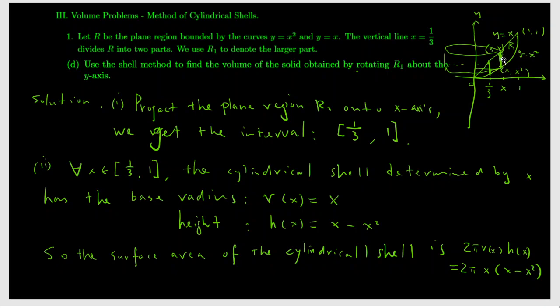You rotate many little line segments that form the plane region R1, so many cylinders will form the solid. The volume of the solid is obtained by integrating the surface areas of many cylinders. I hope it makes sense. The same as we mentioned before, you integrate areas, you have the volume. Actually, the same idea. Okay.